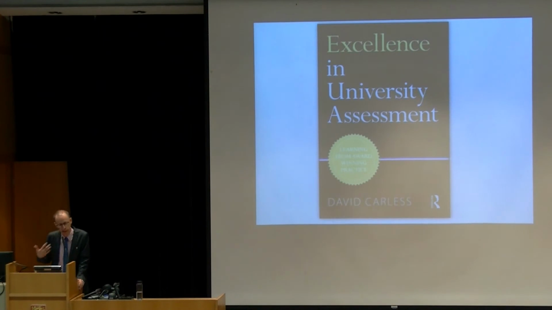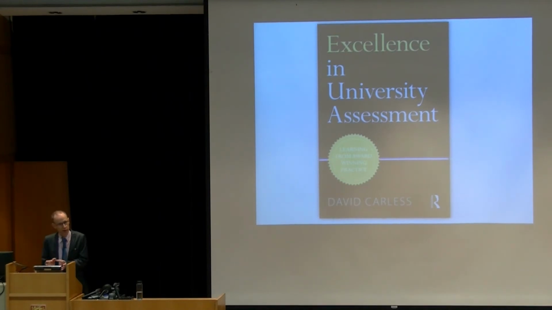Finally, if there's anything I've been saying today that is of interest to you, this is probably my signature piece of work, Excellence in University Assessment, that came out in 2015. This is the story of 5 teachers who were recognized for teaching excellence. They were in 5 different disciplines: architecture, business, geology, history, and law.